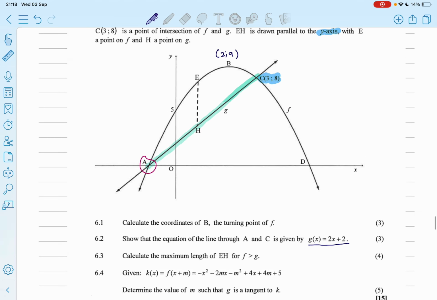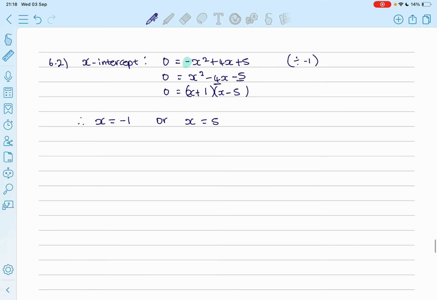And looking at the way our parabola is, it appears that -1 will be over there at A, and at D is where we'll have x being 5. So because it's an x-intercept, we now know the coordinates of A are -1 and 0.